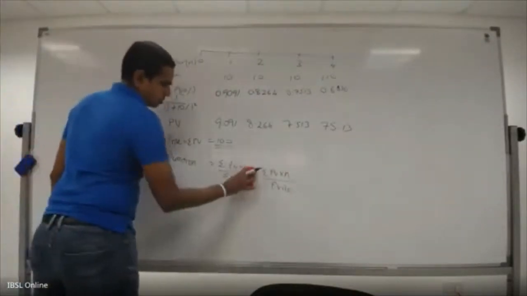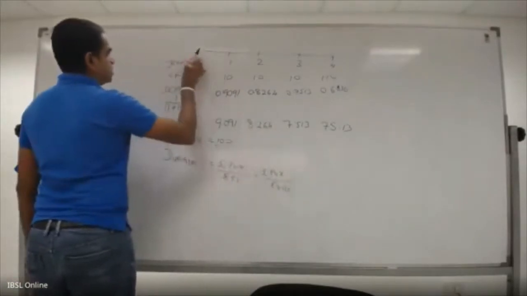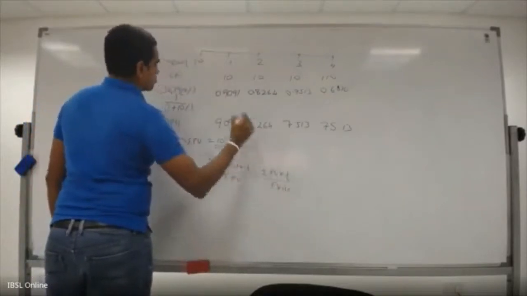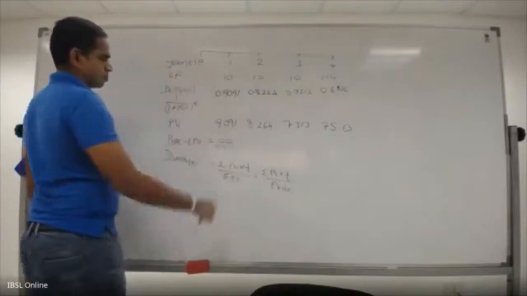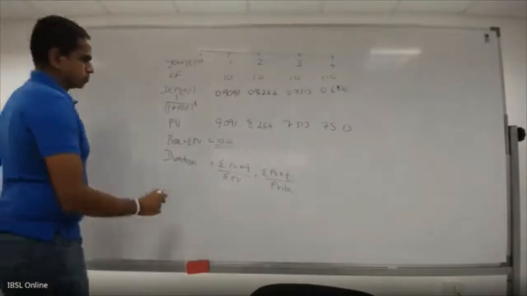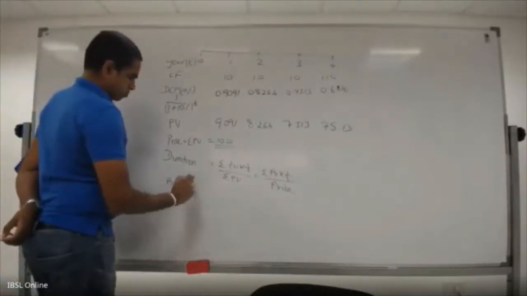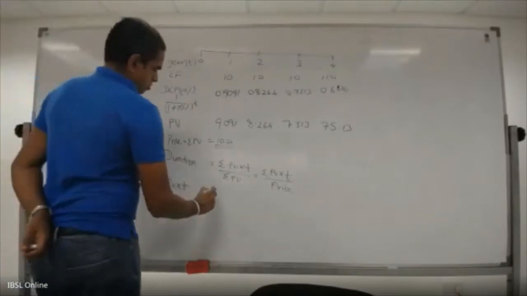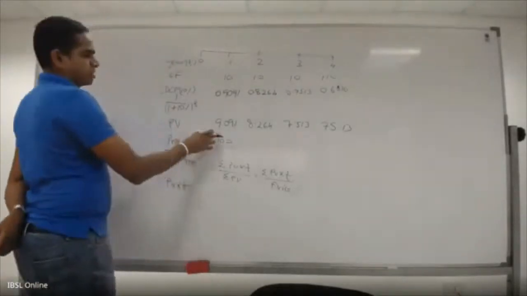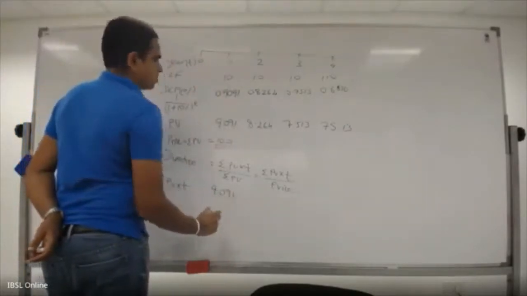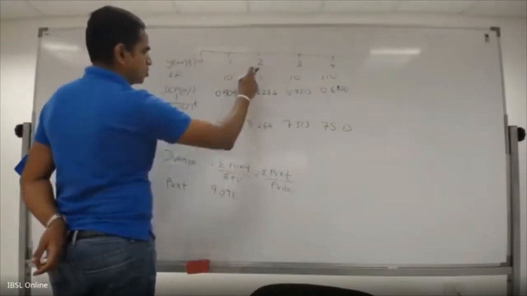This as t. So present value 9.091 into t is 1. 9.091. And present value 8.264, t is 2.